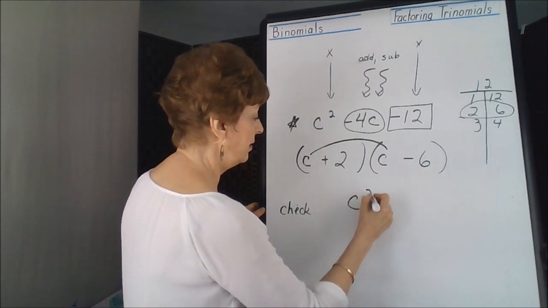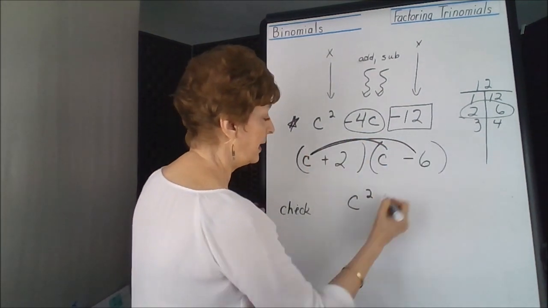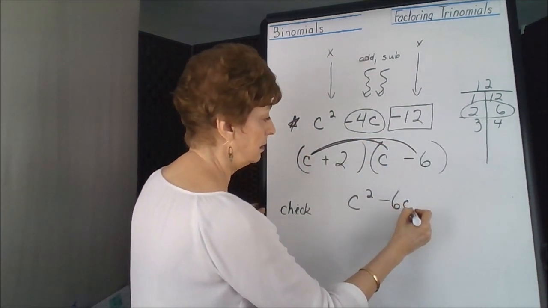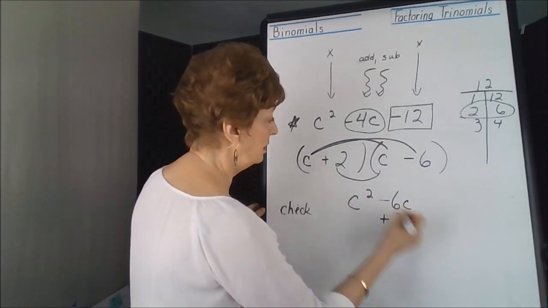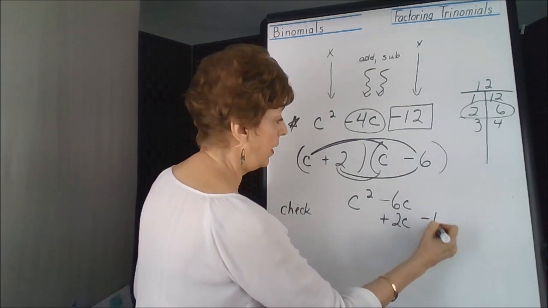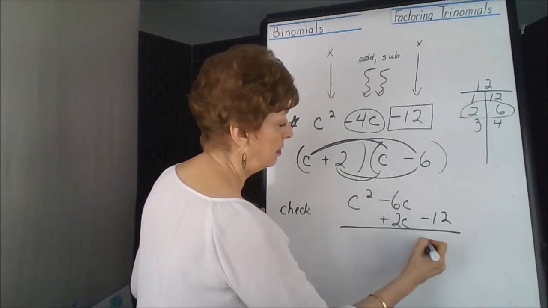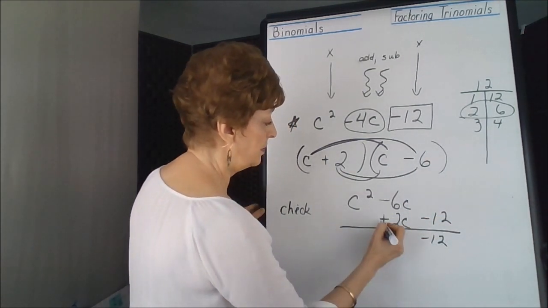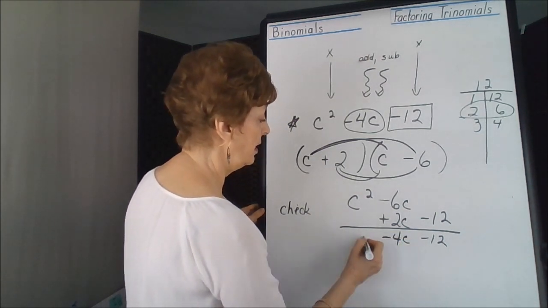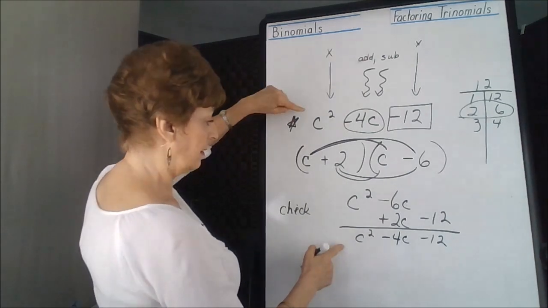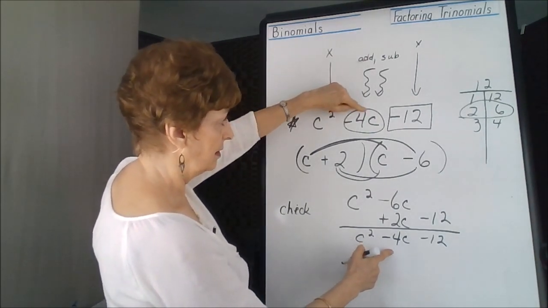C squared minus 6c plus 2c minus 12. Minus 12, subtract, I'm going to get a negative 4c and c squared. That matches perfectly.